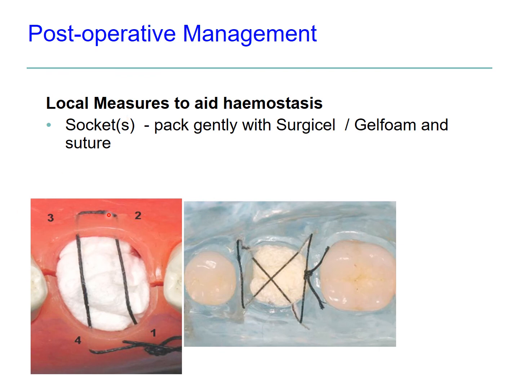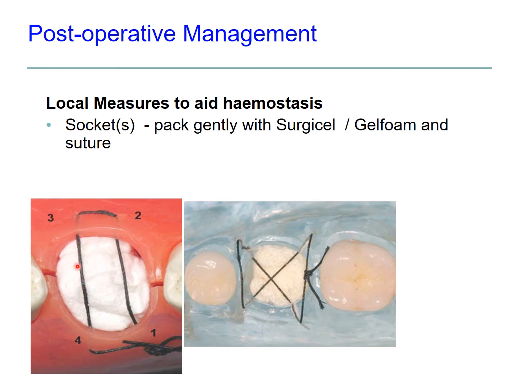Ideally, following packing of the surgical dressing, as you can see in this slide, you should place a horizontal mattress suture across the extraction socket. And if you've done more than one extraction, you would place one horizontal mattress suture across each extraction socket.